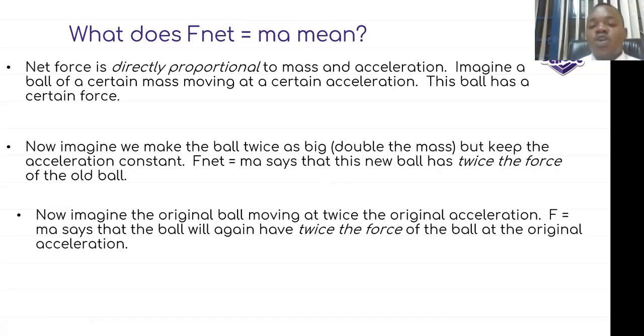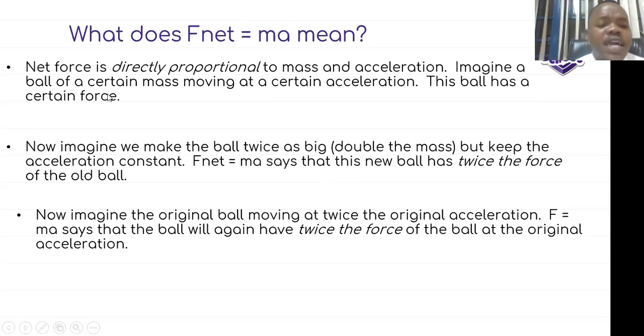If you increase the acceleration of the object, the net force is going to increase. If you increase both the mass and the acceleration of the object, the net force is also going to increase altogether.